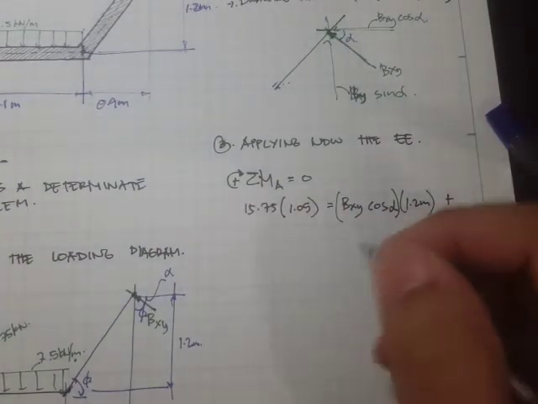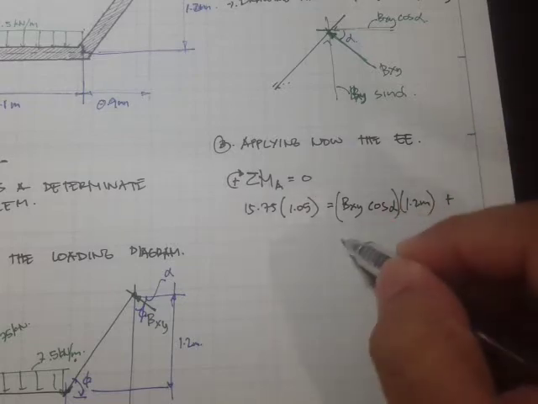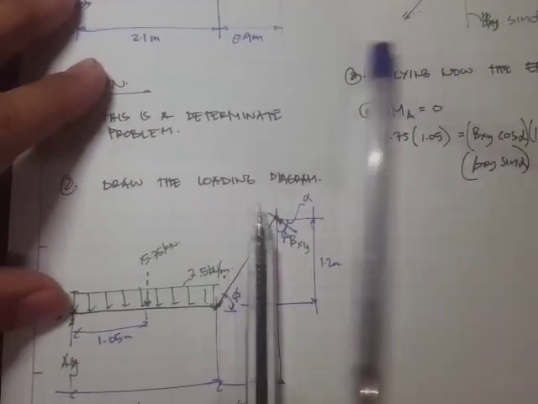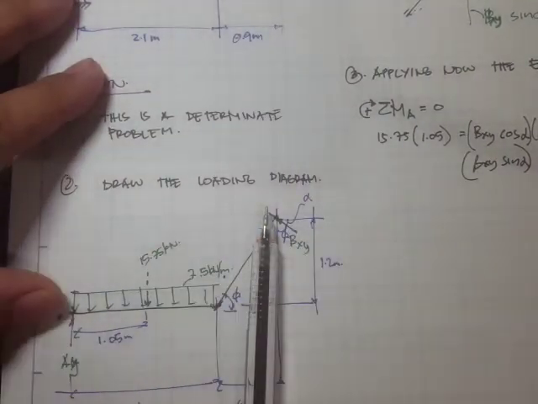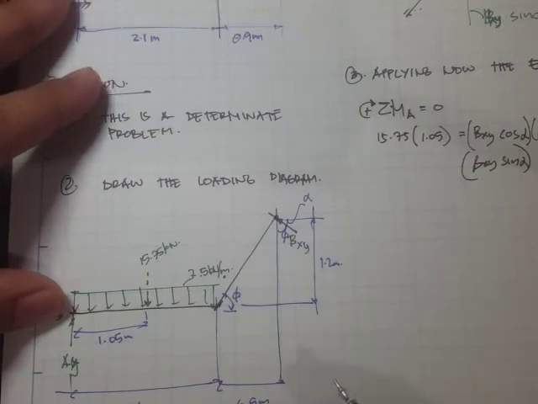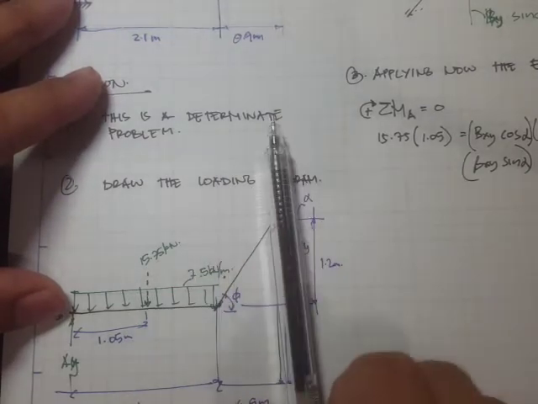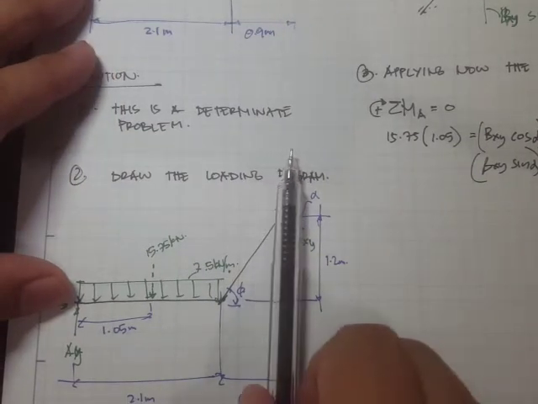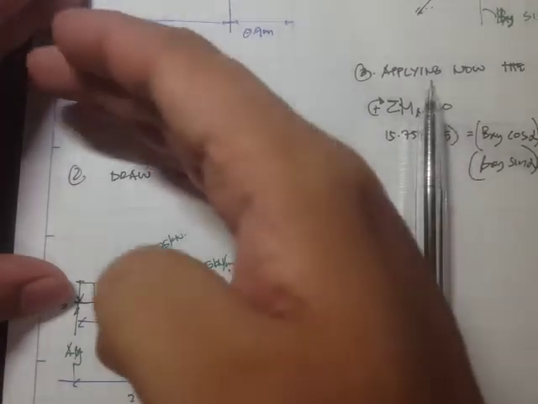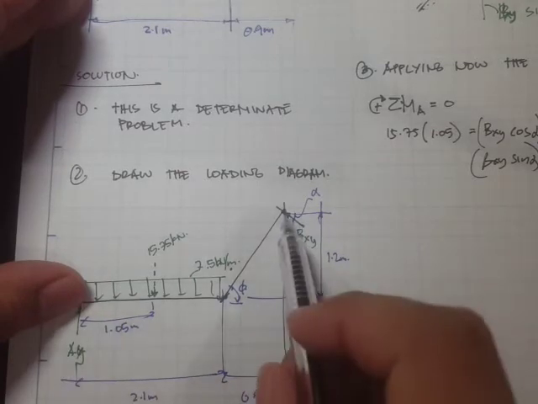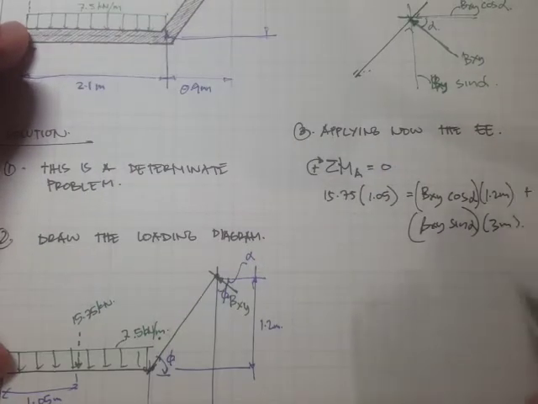Plus another one, BXY sine alpha, the y component. This y component also produces a counterclockwise moment, and the moment arm is from the center of moment to this point, which is 2.1 plus 0.9, simply 3 meters.